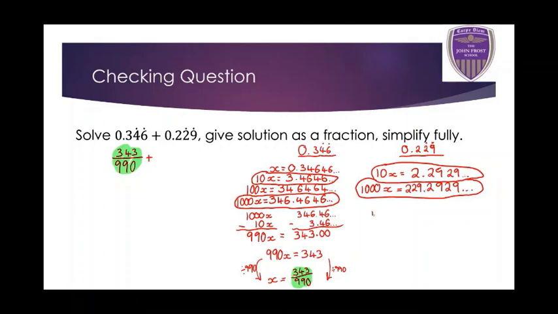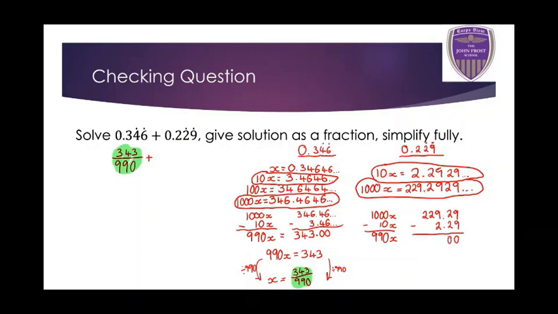Okay, so once again, 1000x take away 10x is 990x. 1000x was 229.29, and we're going to take away 2.29.